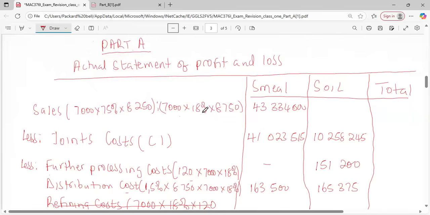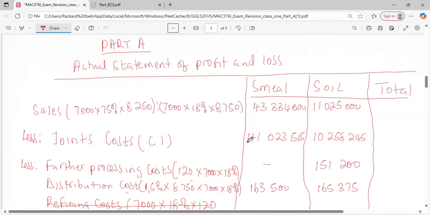Are you guys there? Is there anything confusing now? So this one is going to be 1, 2, 3, 1, 2, 3. It's going to be 11 million and 25,000. Right. So that's the sales. So we can now less the joint cost from the sales value.